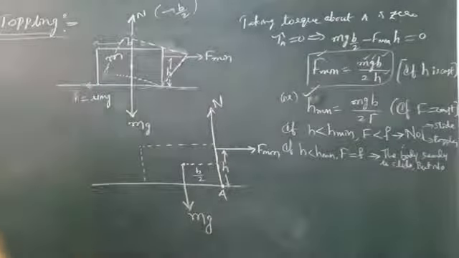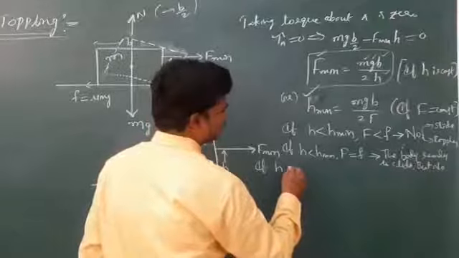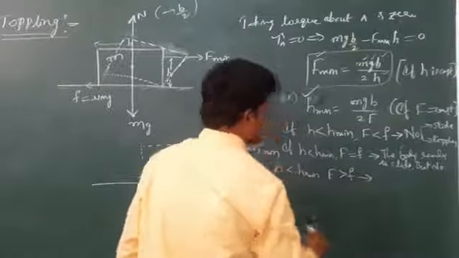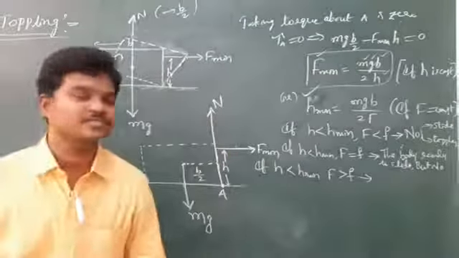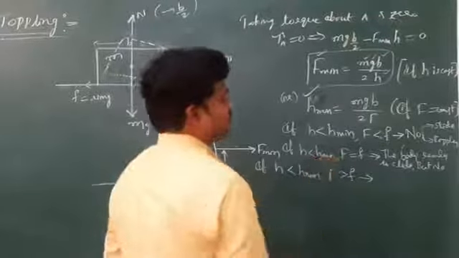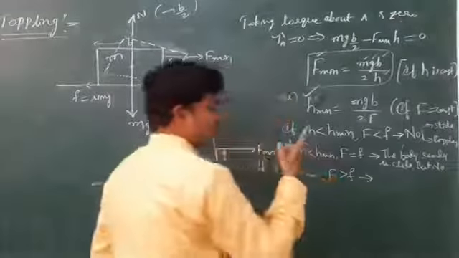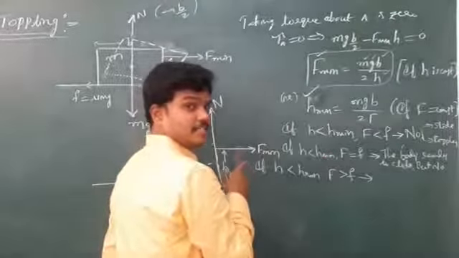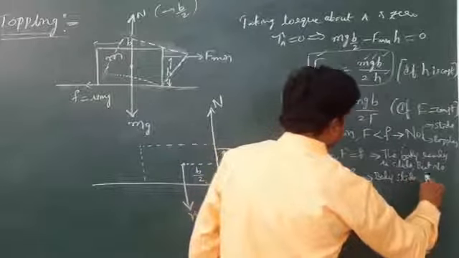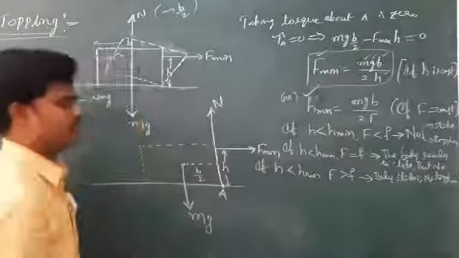There is no toppling effect. And if H is less than H minimum and the applied force is greater than f, then, since F equal to f means the body is ready to slide, and F greater, H less than H minimum means the body slides because of the applied force, but it will not topple.